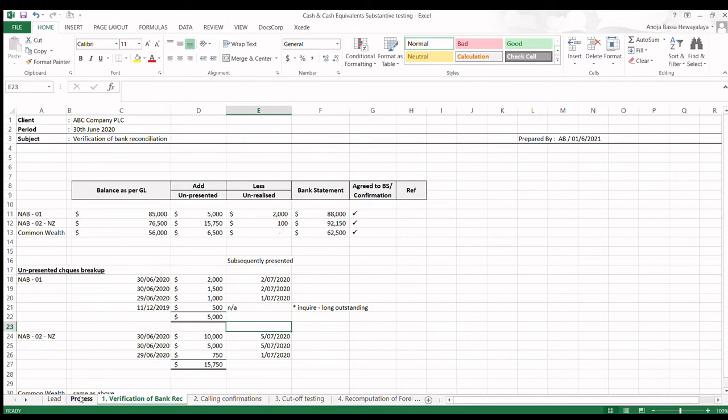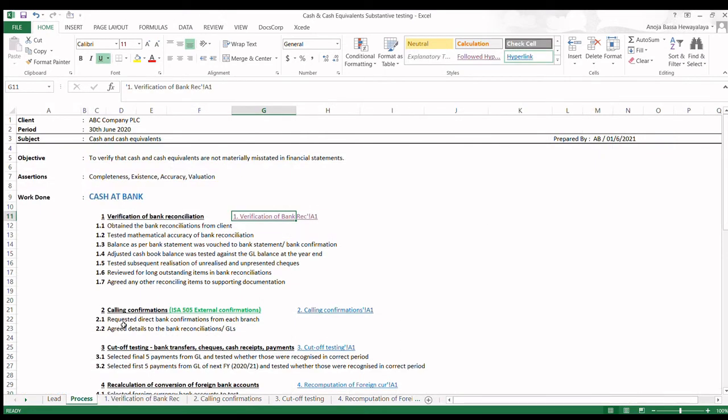Alright, next I'm going to do bank confirmations. There is a whole standard on external confirmation. If you would like, you can have a read of ISA 505, if you are interested. For bank confirmation, it's not such a long procedure.